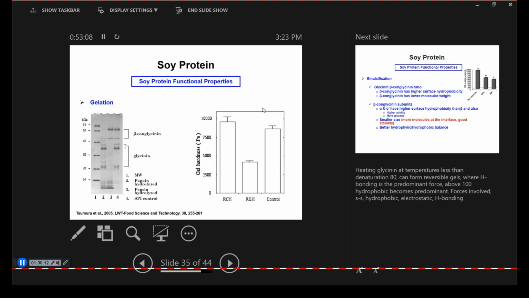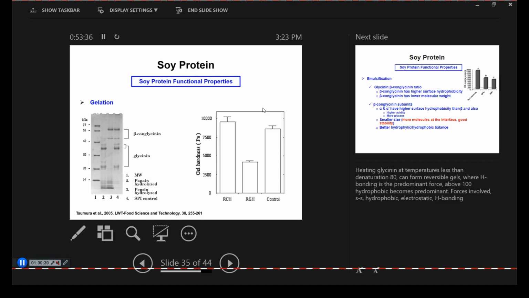So this is soy protein here, and here we have a hydrolysate where we use pepsin. Pepsin has specificity to the glycinin subunits. So when we hydrolyze with pepsin, you see no glycinin subunits. They're broken down into small molecular weight soluble peptides, and the beta-conglycinin is intact.